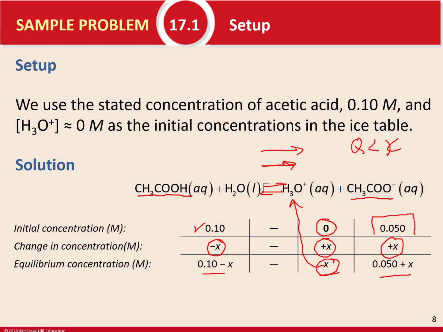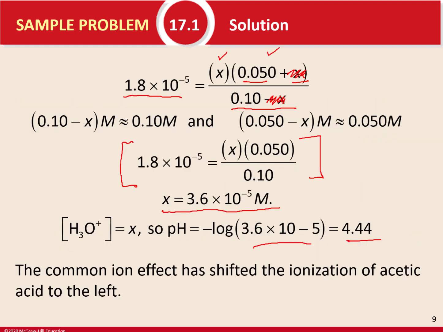It's not going to go as far to the right because of the presence of this common ion, the acetate ion. And that's why the pH is 4.44. So that's the common ion effect. If one of the ions on the product side is present, the reaction will not go as far to the right to reach completion.